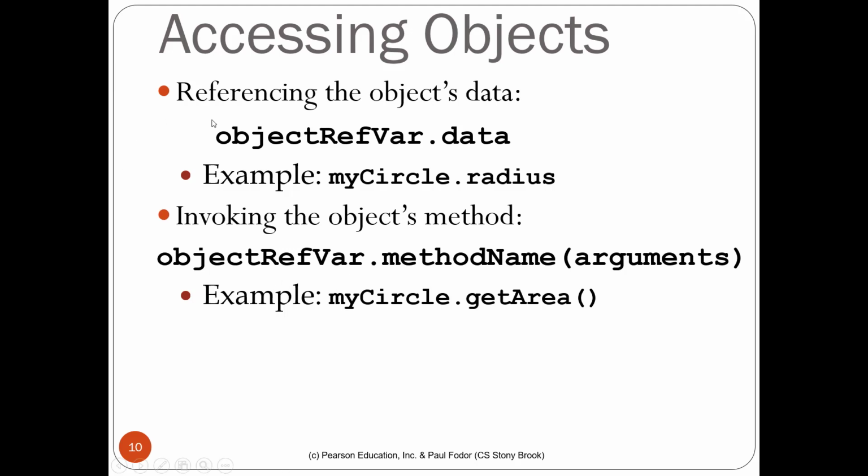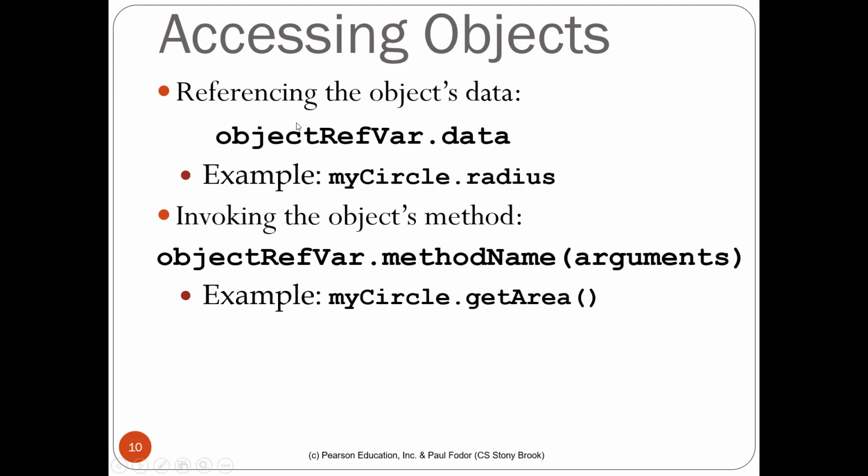Whenever you have to reference an object's data, you should always have the object reference variable dot data. What is an object reference variable? That means your object. So we had circle1, circle2, and circle3. These were the object reference variables.